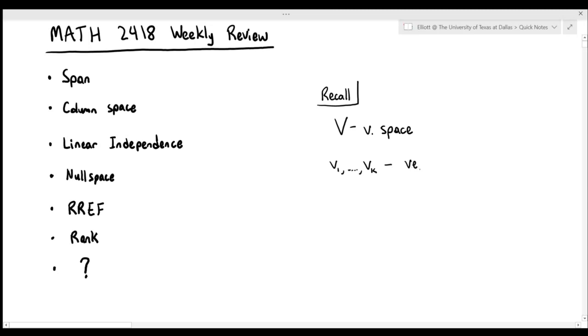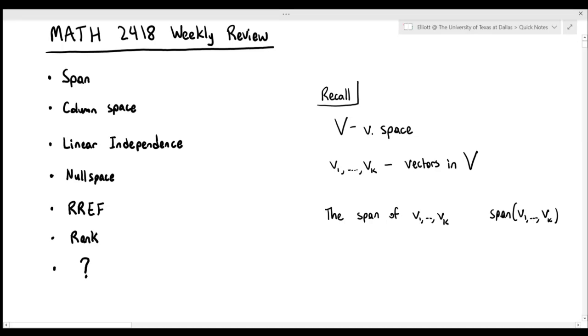So these are some vectors in the space V. All right, so the span of these vectors, which you might denote by span of V1 through Vk.